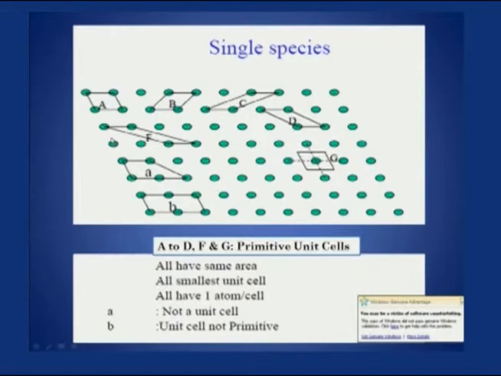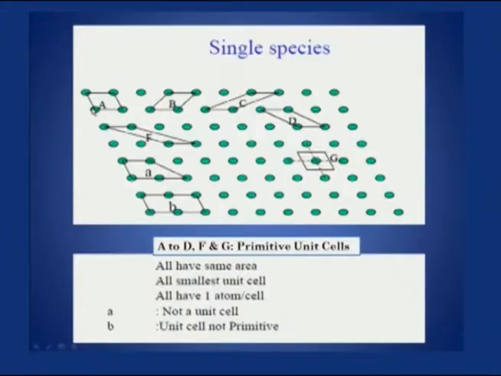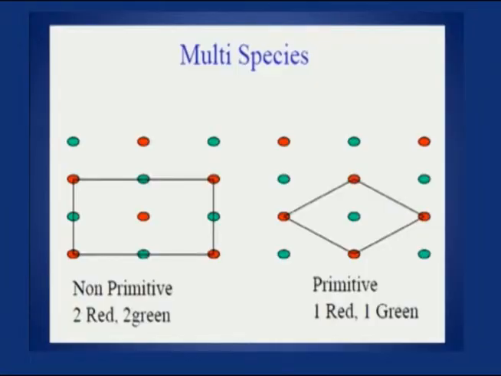Now, I am showing the primitive cell as well as a compound unit cell in which you have got only a single species, or only one kind of atom, right. Now, let us go to multi-species.